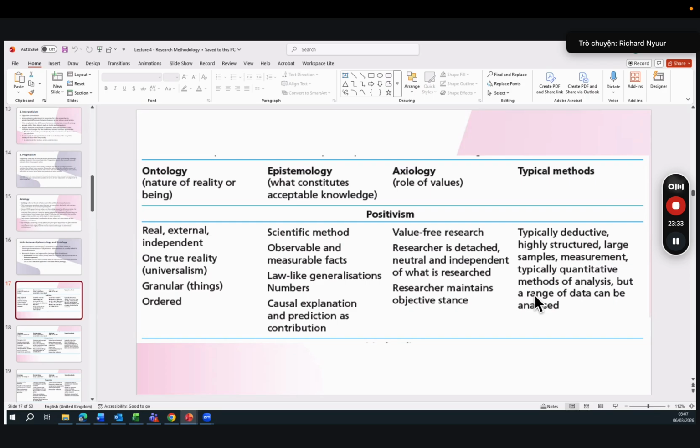There are many others, and I'm sure you may know others, but as long as you are able to do that quantitatively to determine the validity of knowledge or the reality of knowledge, that is in line with positivism or objectivism. Okay.